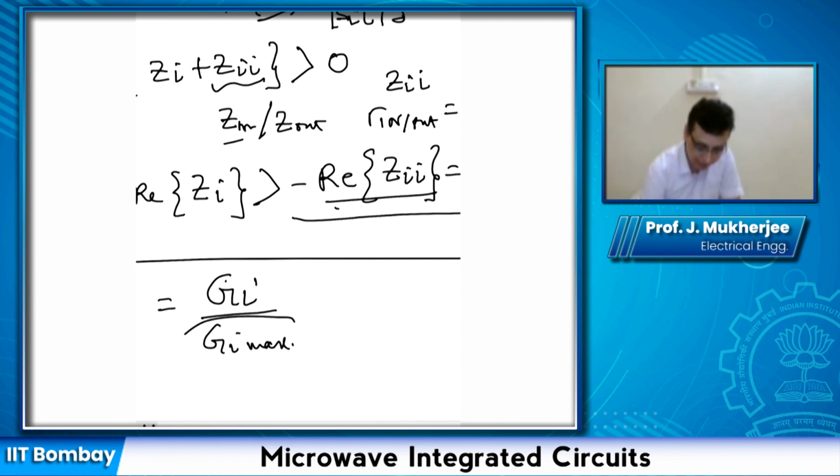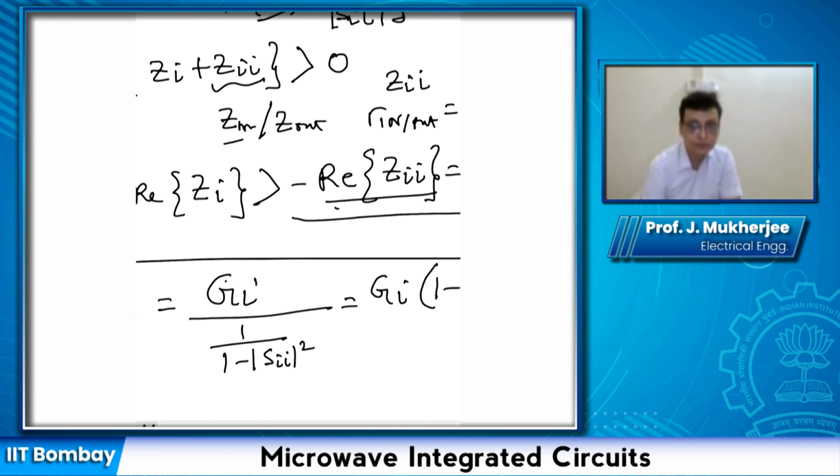Now, since we don't have anything called GI max, we substitute this with the definition of GI max, which is 1 upon 1 minus magnitude Sii whole square, which in turn comes out to be 1 minus magnitude Sii square. Okay, and GI can be negative.